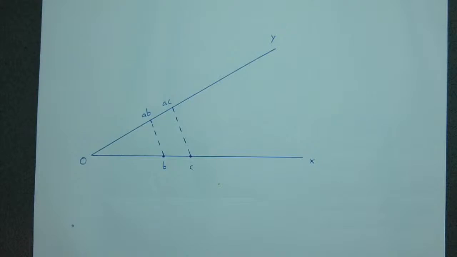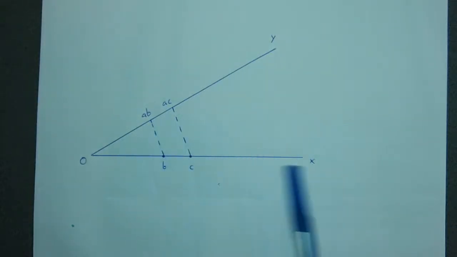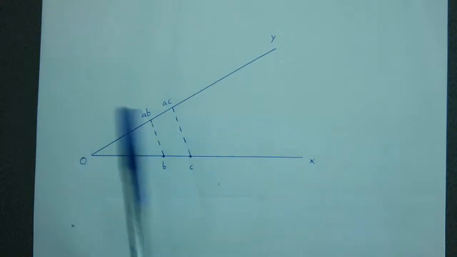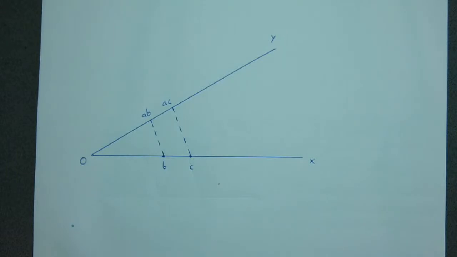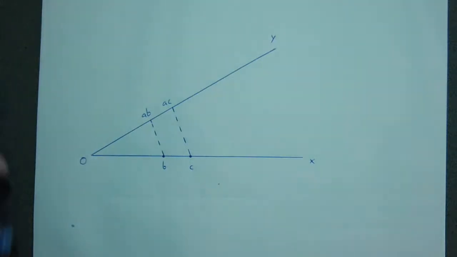Now I want to construct B plus C. So how do I construct B plus C? I know that I can construct B plus C by choosing any parallel to the x-axis that intersects y. Okay, and since I can do that with any parallel and it doesn't matter, in this case I want to pick a particular parallel.